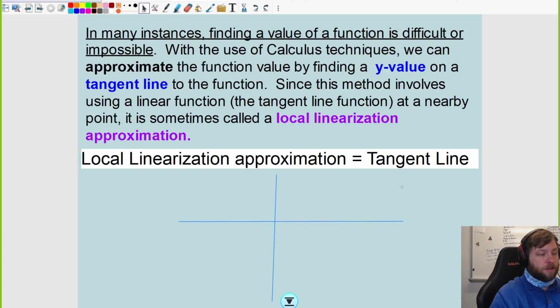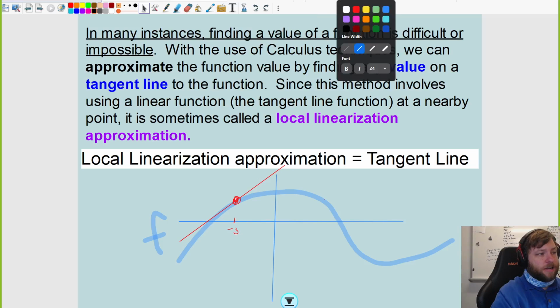And to approximate the function, so let's say I had this graph and I had this function. There's my function, and this is the function f, right? And let's say at a certain point on f, at this point here, maybe that's like -3, we can draw the tangent line at -3, and it looks like this.